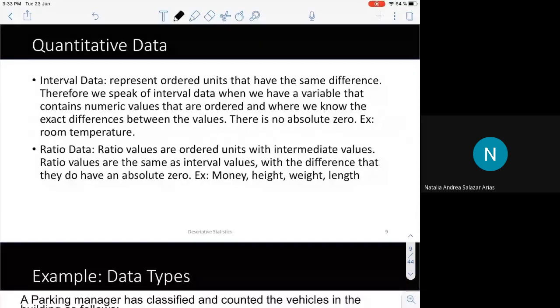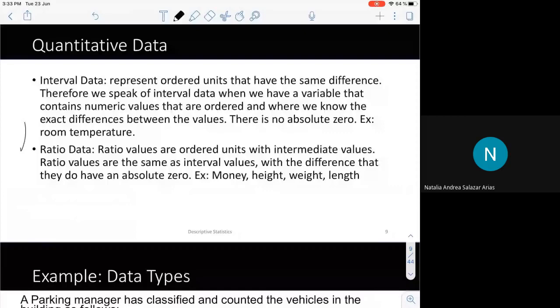So what is the difference between these two variables, interval data and ratio data? In the ratio data, there is an absolute zero. I mean, it's a quantitative data that has an absolute zero.